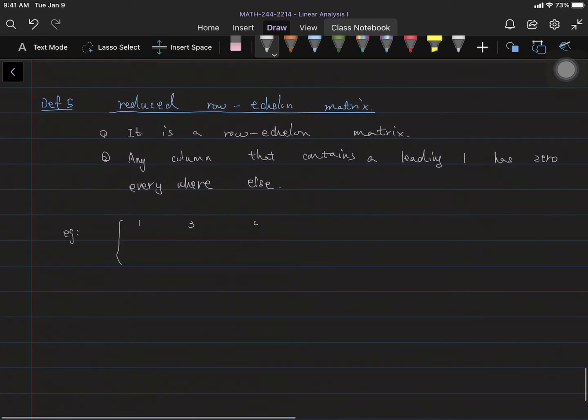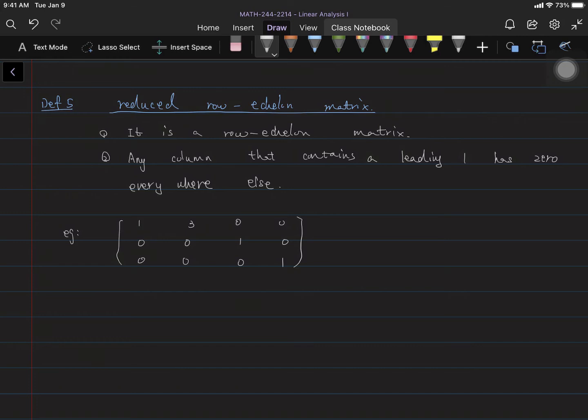1, 3, 0, 0. Let's tell if they are reduced row echelon or not. Firstly, we need to see, is this a row echelon form?